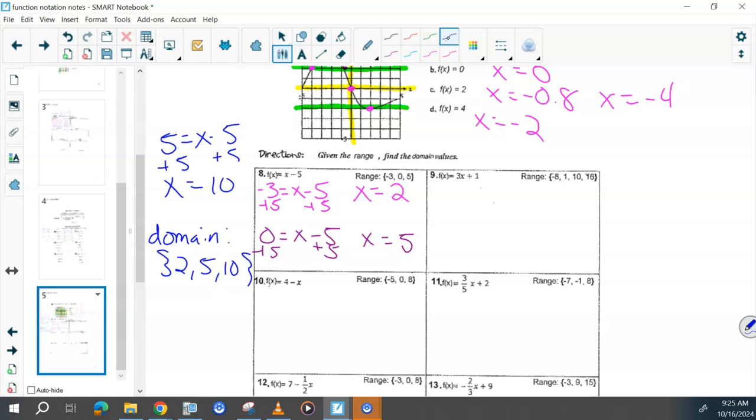Okay. So I'm going to give you a few different options of what you can be working on for practice. If you want to keep working in these notes, you can do that. You guys have 2 delta maths that are due on Friday, the parallel and perpendicular lines, which many of you have started, and the function notation for what we just did today, so you can be working on those.